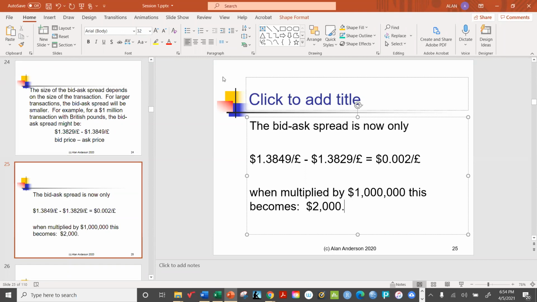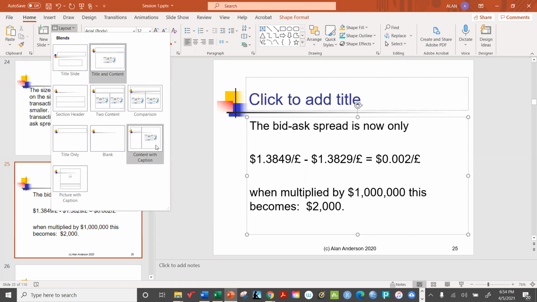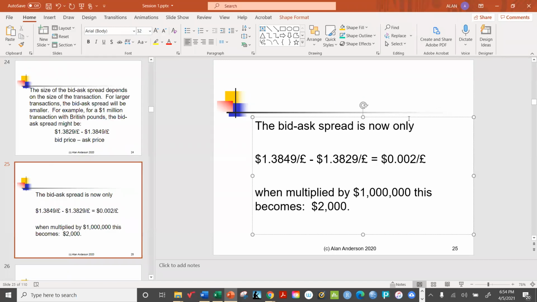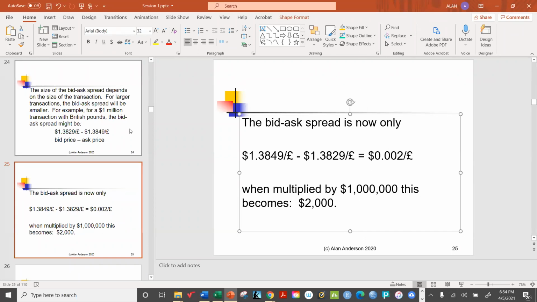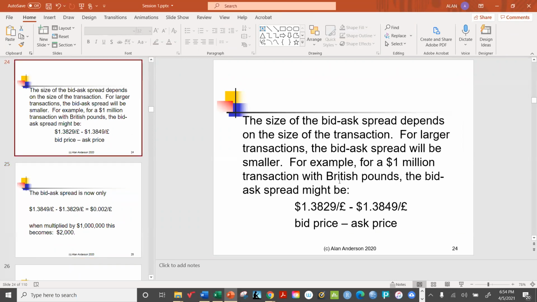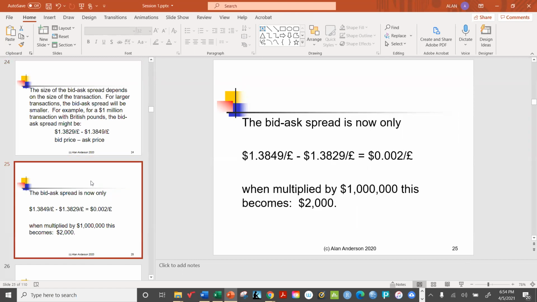So this is why they can afford to do that, because it's so much money. Whereas over here, even if you paid 10 cents per pound, based on 100 pounds, you're looking at a dollar profit or something like that. So that's what's driving these bid-ask spreads, the size of the transaction.